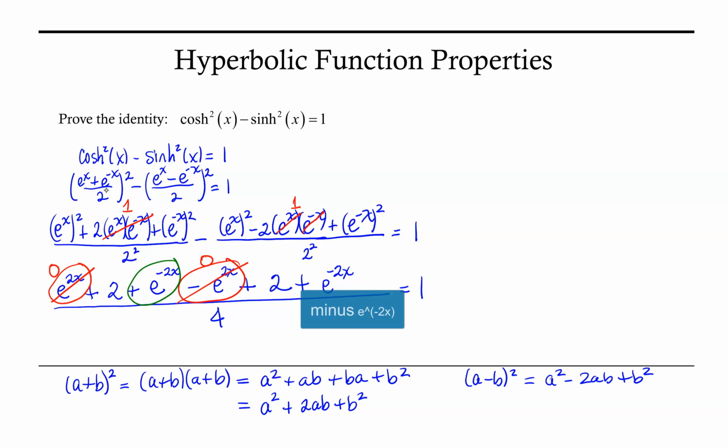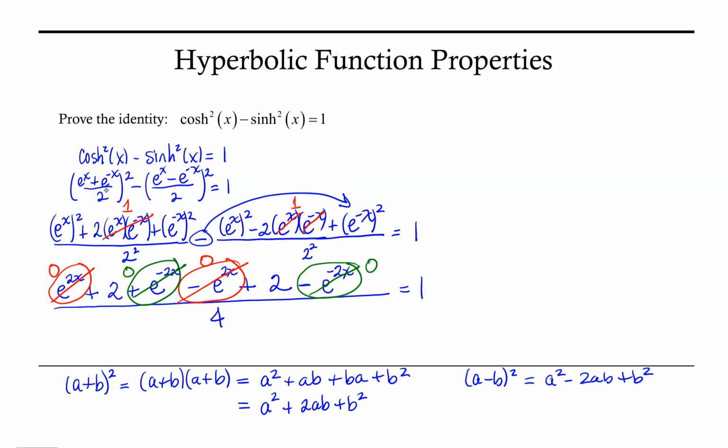I made a mistake here and did not catch myself. This negative should make that a minus e to the negative 2x. So now I have plus e to the negative 2x and a minus e to the negative 2x. And those should add to 0.